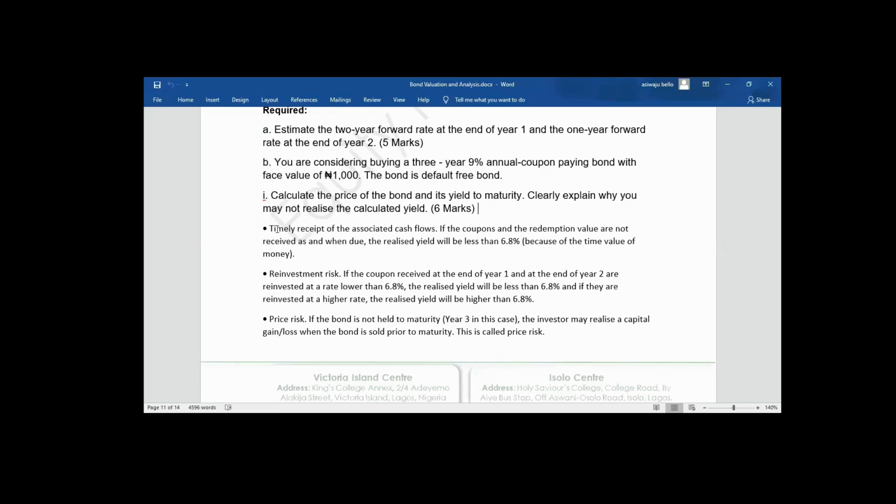If the coupons are invested at a rate below the yield to maturity, that is 6.8%, then the realized yield will be less than 6.8%.